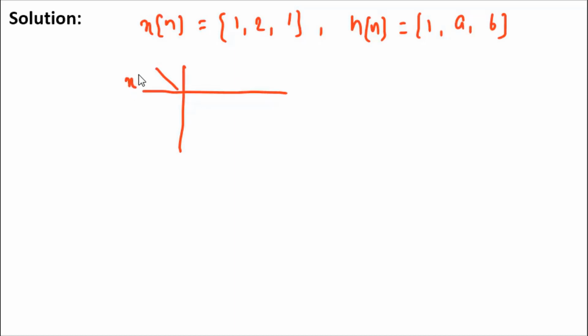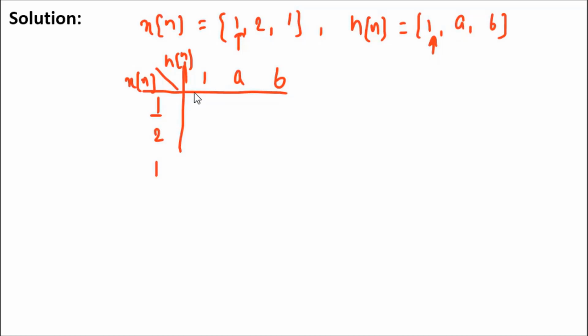Here you write down the x of n and here h of n. Write down these values of x of n, like n equal to 0, that is 1, n equal to 1, and n equal to 2. Similarly, for this, write down 1, a and b.